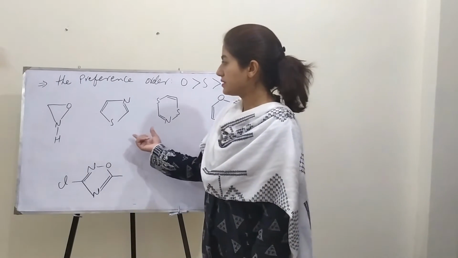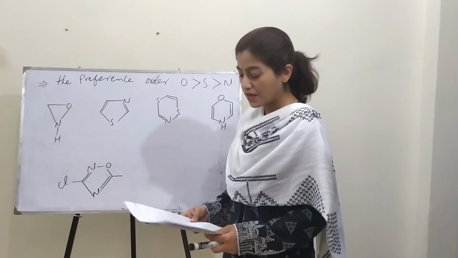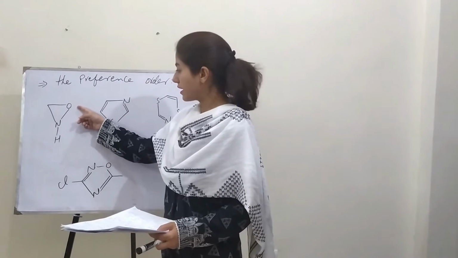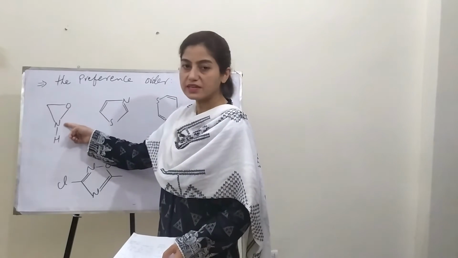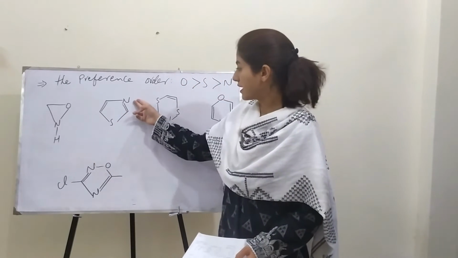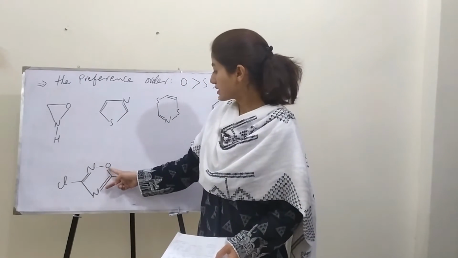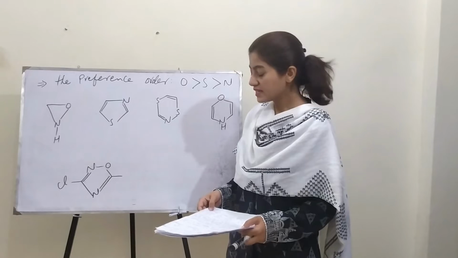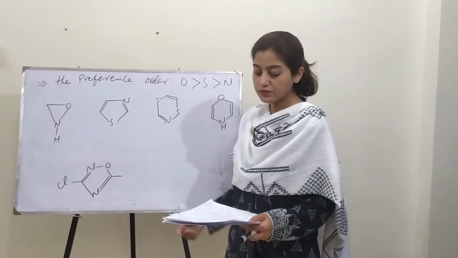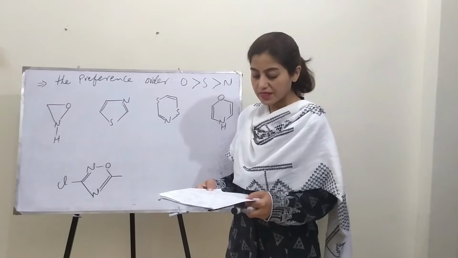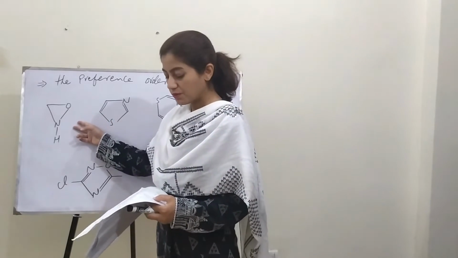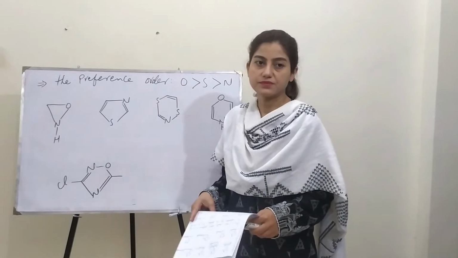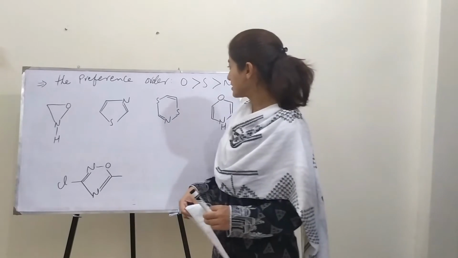So in these examples, the rule becomes: if more than one different heteroatom occurs in the heterocycle, for example, here the oxygen and nitrogen, here the sulfur and nitrogen, and here this one containing 3 heteroatoms, then the heterocycle is named by combining an appropriate prefix with the ending in order of their preference.